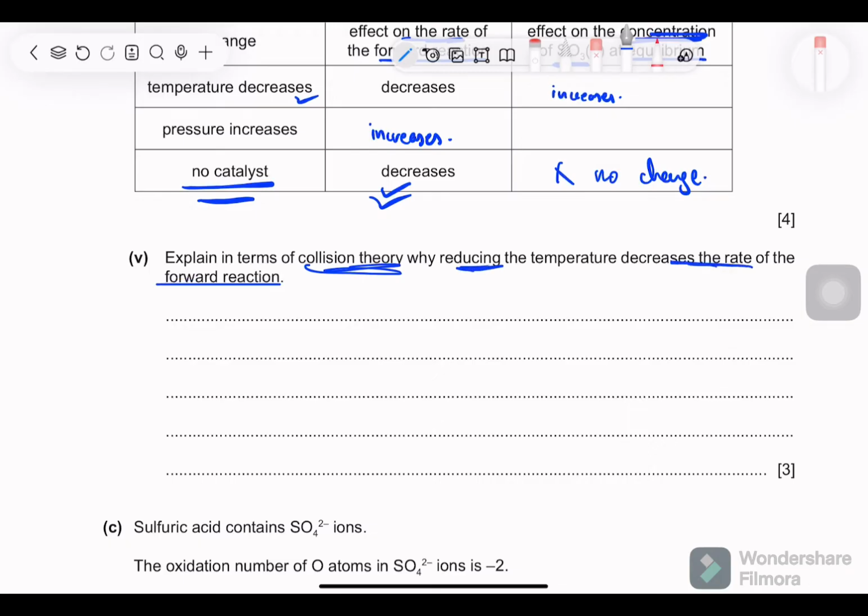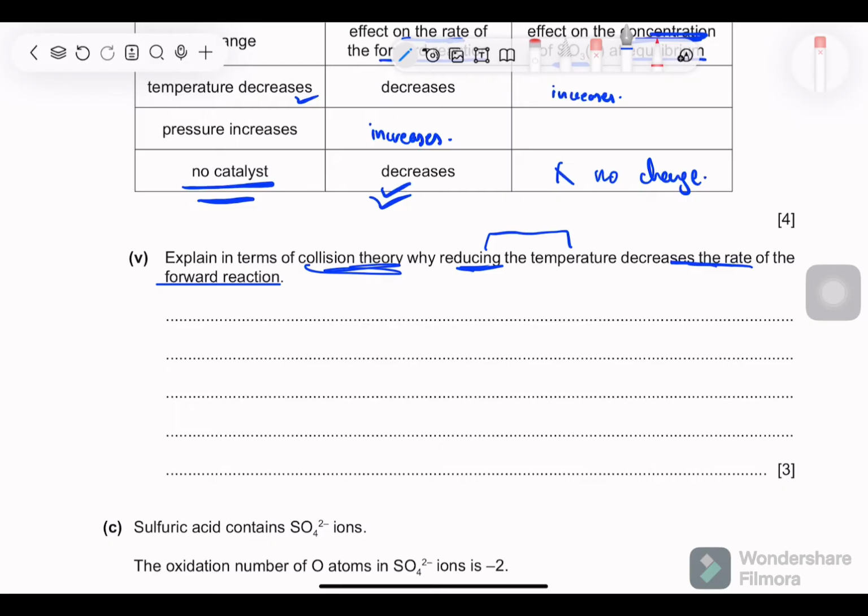Now, there is one thing which many students get wrong: confusing the rate of reaction with the equilibrium. No matter how temperature affects the equilibrium, the effect of reducing temperature on the rate of reaction will always remain the same. The equilibrium may shift right or left depending on the exothermic or endothermic nature of the reaction.